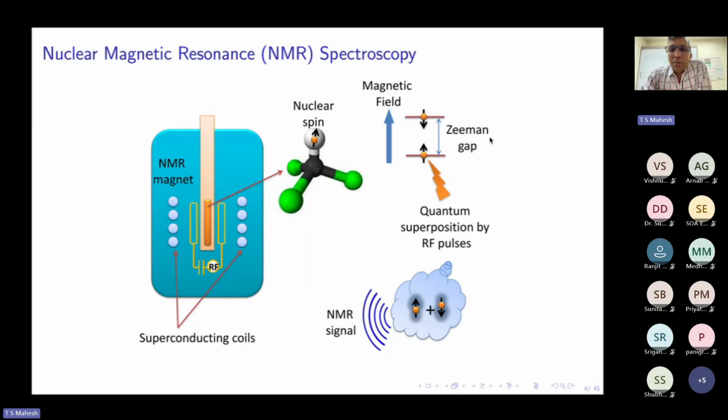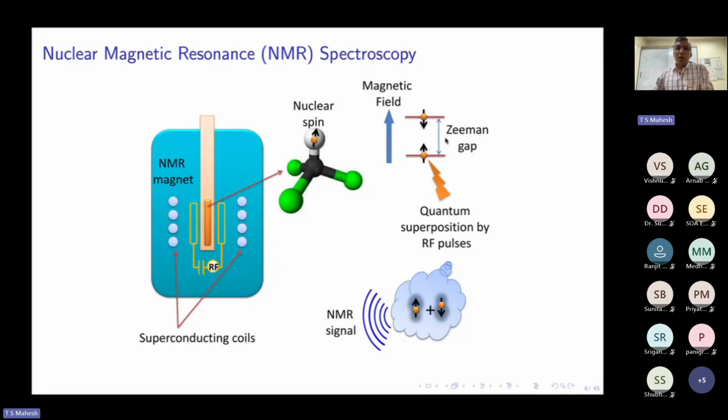That is the Zeeman energy gap, which is proportional to the strength of the magnetic field that you apply. It is also proportional to the strength of the magnetic moment. So for a given nucleus, say a hydrogen nucleus, you have a specific energy gap. If there is a carbon-13 nucleus, you have another energy gap, and so on.